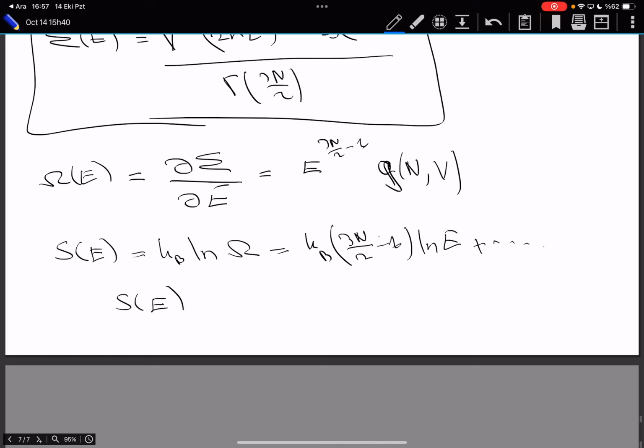Remember, 3n over 2 is some number of the order of 10 to the power 23. If you add 1 or subtract 1, it practically doesn't change. So this is 3 over 2 n kB logarithm of E plus some other terms which don't depend on E.